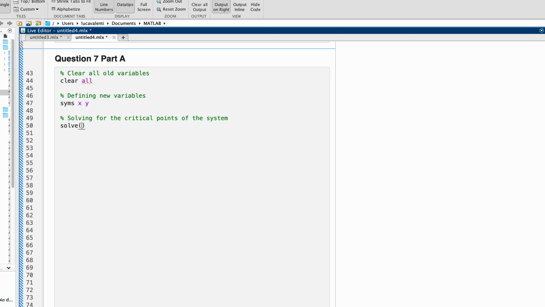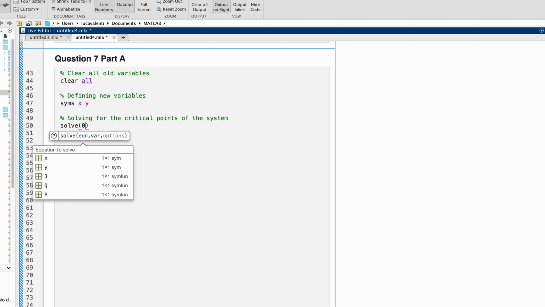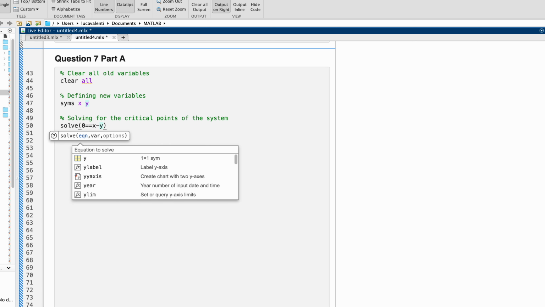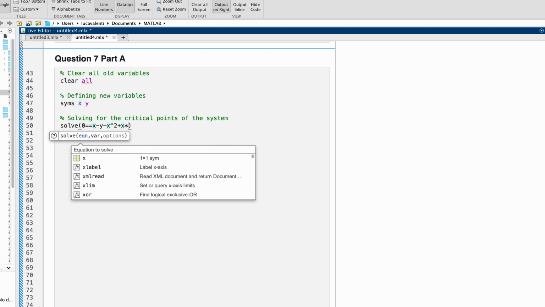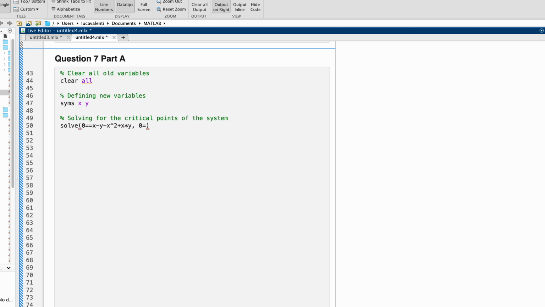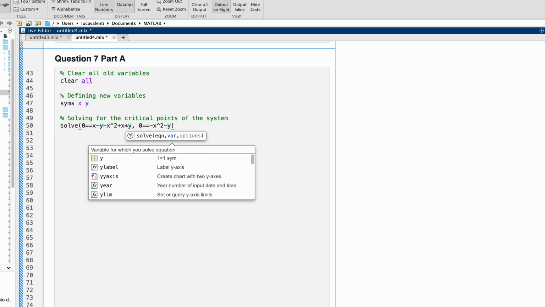So we use the solve command, and we're going to put in 0 is equal, given by the double equal sign in Matlab, x minus y minus x squared plus x times y. We're going to define the other one as well, separated by a comma: 0 is equal to negative x squared minus y.